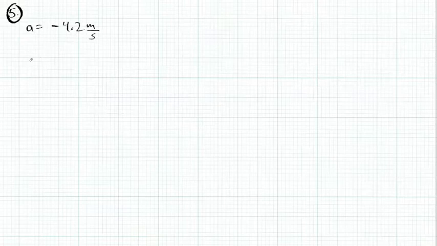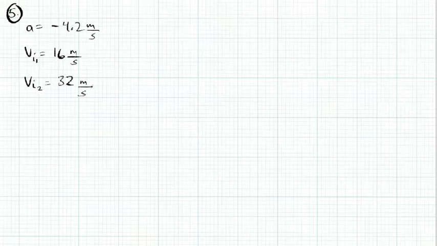So we're going to be comparing two speeds and the stopping distance of those two speeds. Our vi, or I'm going to call it vi1, is 16 meters per second. And the other speed, vi2, is 32 meters per second.